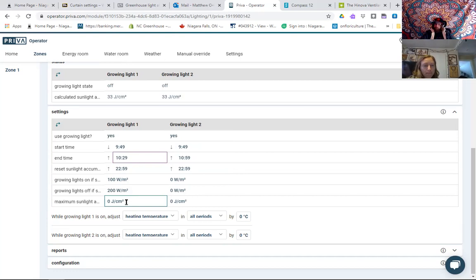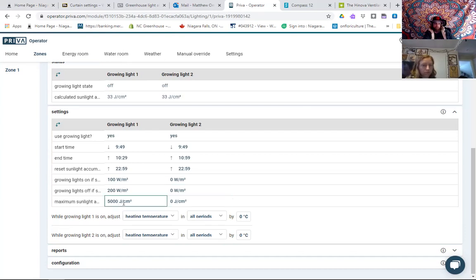It'll add the PPFD as time goes on, and we can turn off the lights as soon as it hits, I don't know, 5,000 joules per centimeter squared. If you think of a photon of light as a water droplet, and the sensors are a bucket collecting the water droplets, as soon as that bucket is filled, the lights will turn off.